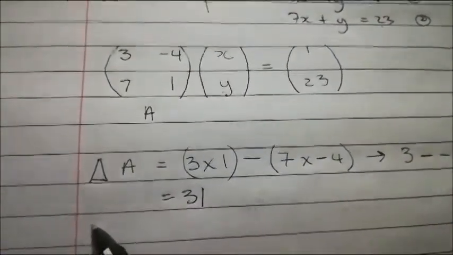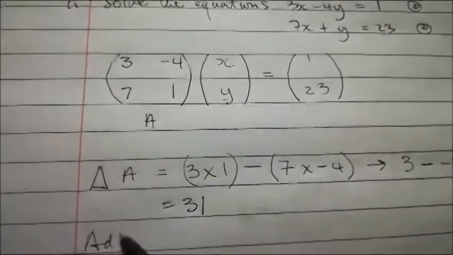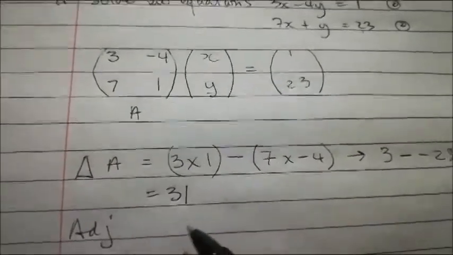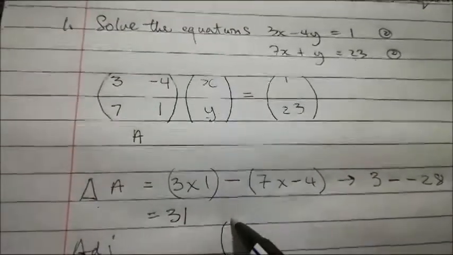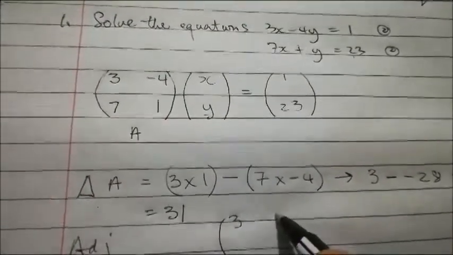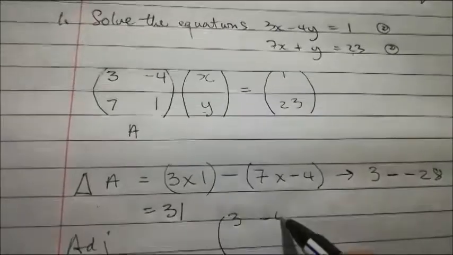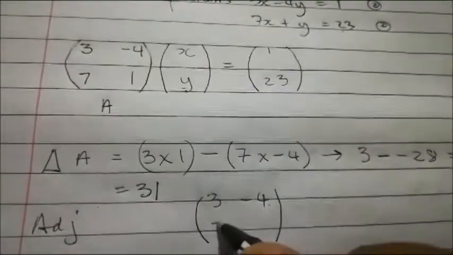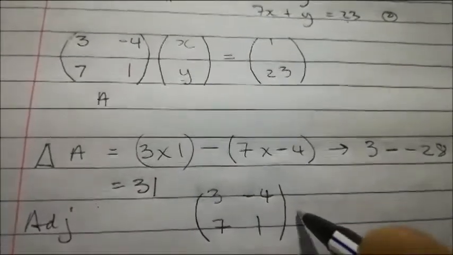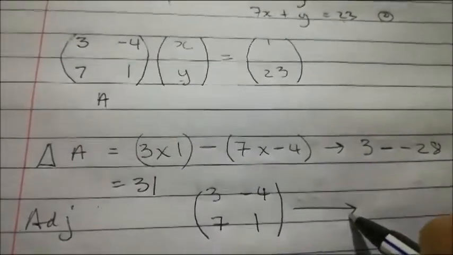Now we have to find the adjoint. So we have the original matrix here, 3 minus 4, 7 and 1. It's going to move to the adjoint now.